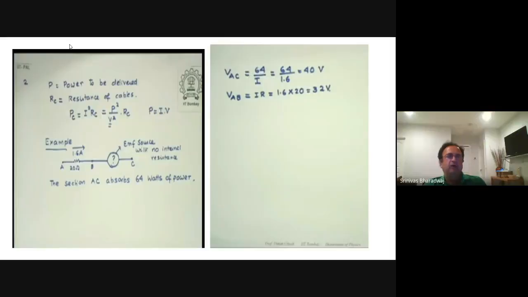Now you can have elements in a circuit which are used for measuring. There are three measures. There is a voltmeter which measures the voltage across two points.